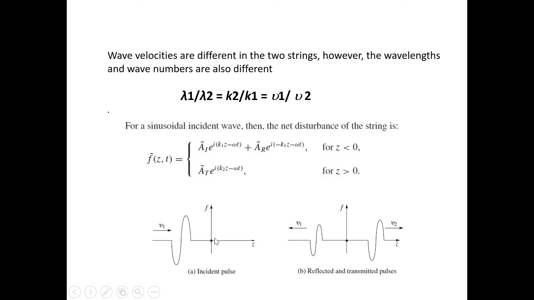Here is the first boundary condition: both incident and reflected waves have the same velocity v1. After the transmission, a_t e raised to i(k2 z minus omega t), for z greater than 0. These are the boundary conditions for the incident, reflected and transmitted pulses.